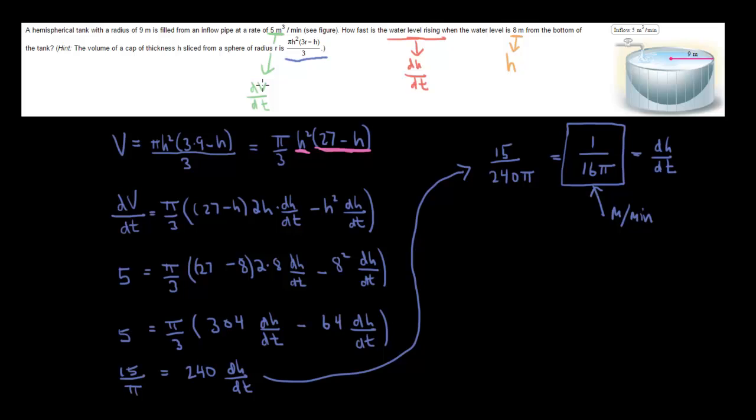Here we were given that the derivative of volume with respect to time was 5. We were given that the height was 8, and we needed to look for the change in the height, which is dh dt. So it takes a little bit of practice to understand what's being given to us and what's being asked. We have to translate this stuff into dVs, dTs, dh dTs, stuff like that. So practice is key here.